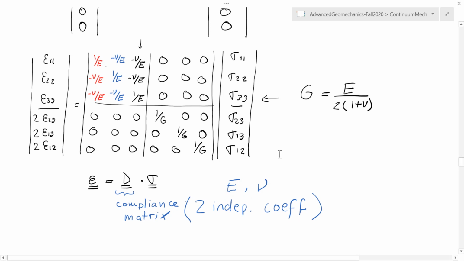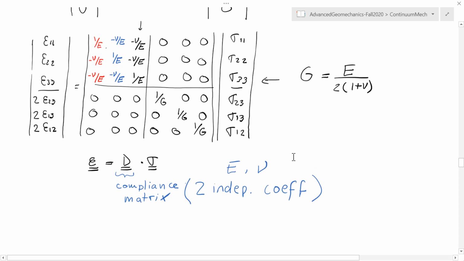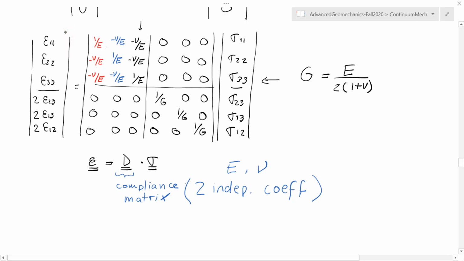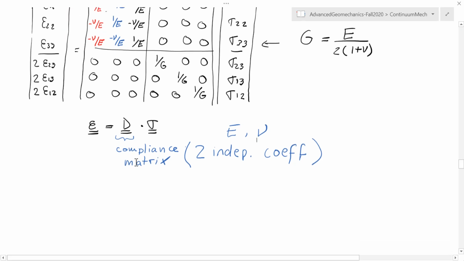All right, last thing. We started with a relationship that was actually trying to calculate stresses as a function of strains, not strains as a function of stresses. So if I want to do that, what I should do is multiply the inverse of this matrix to the left of the strain. Actually, I'm missing here 2 lines.